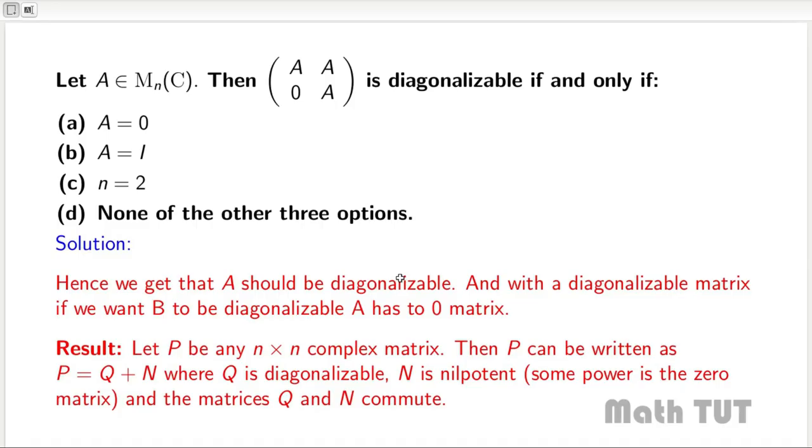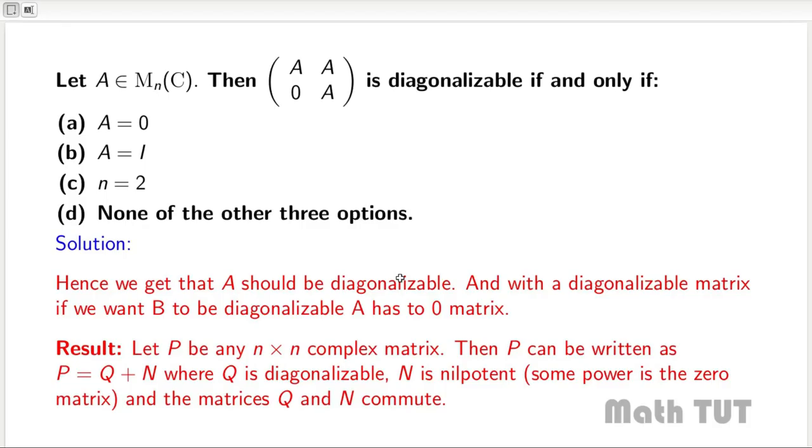A nilpotent matrix is nothing but a matrix whose power is the zero matrix for some k, and for all integers from 1 to k minus 1, it is not zero. Such matrices we call nilpotent matrices, and these matrices Q and N will commute.